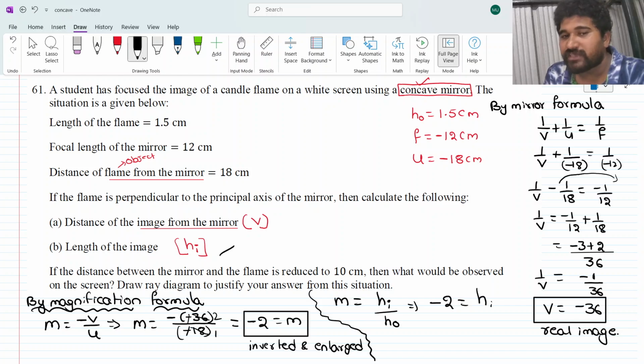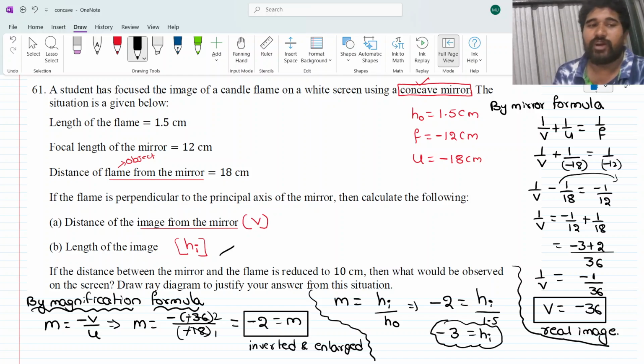Height of the image I want to find. Height of the object they mentioned is 1.5. So send it to the other side. Minus 3 is equal to height of the image. Is that clear for everybody? So you have to tell it is 3 centimeter.